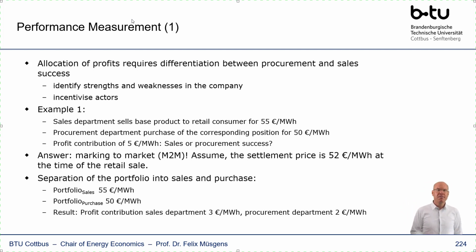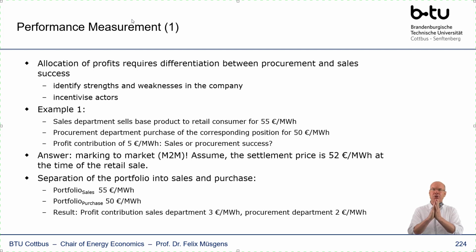And of course, at the same time, the procurement department, as I said, it's typically the portfolio management, earned 2 additional euros by buying something which was sold for 52 at 50 euros. Of course, not back to back.